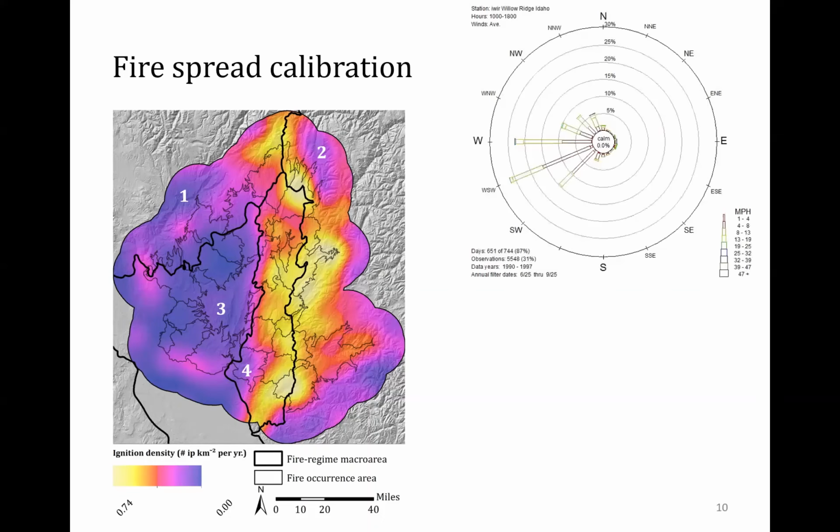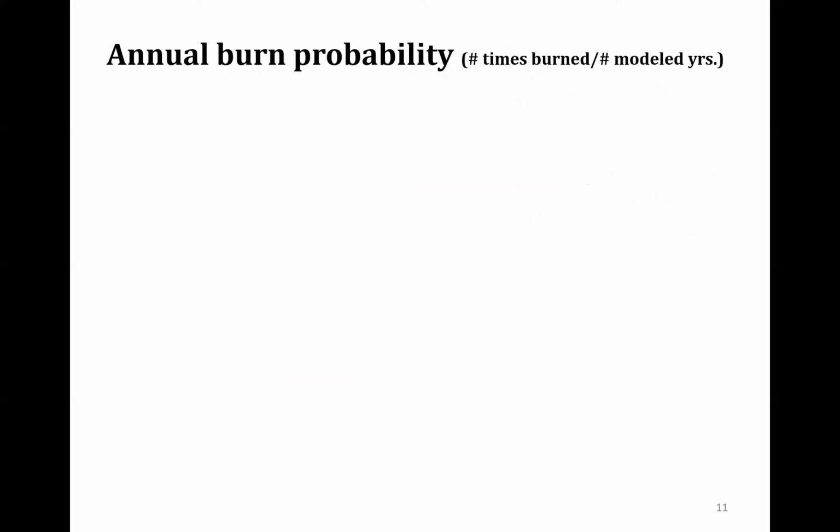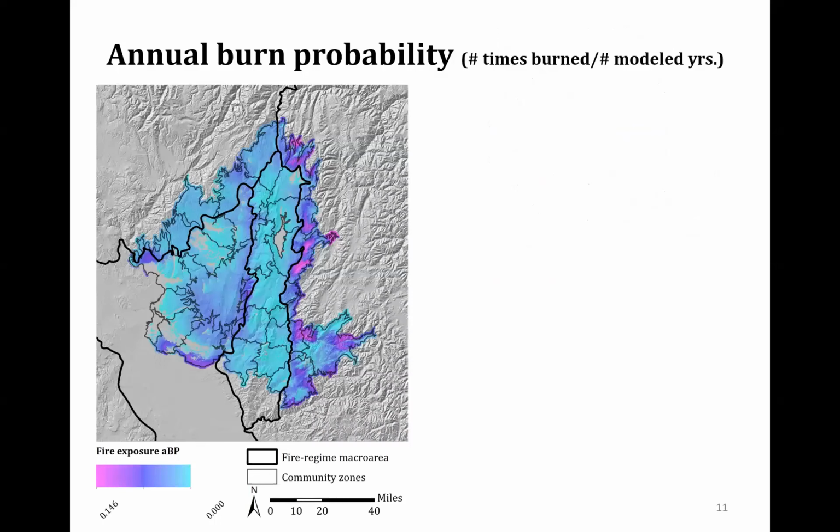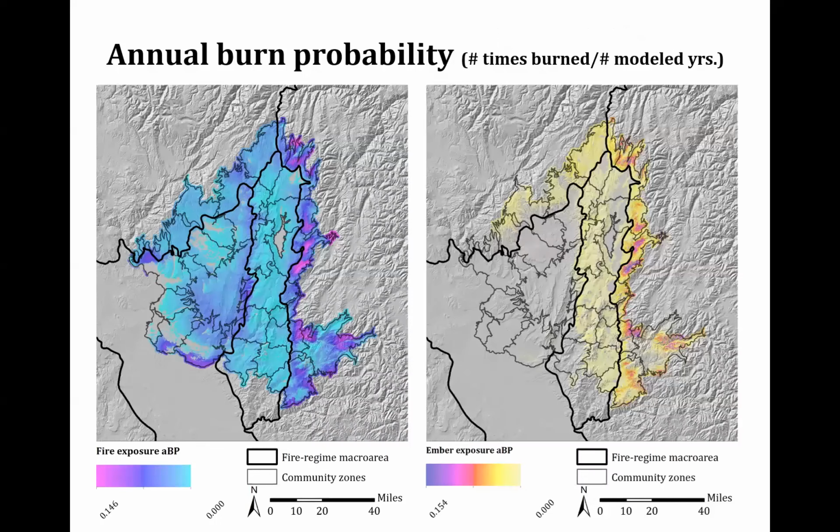Therefore, this is what we obtained, the annual burn probability, where we combine surface fire and showering embers. On the one hand, we have the perimeter overlap, obtained from the raster. And then we have the ember exposure, how often a pixel is burned divided by the number of seasons.